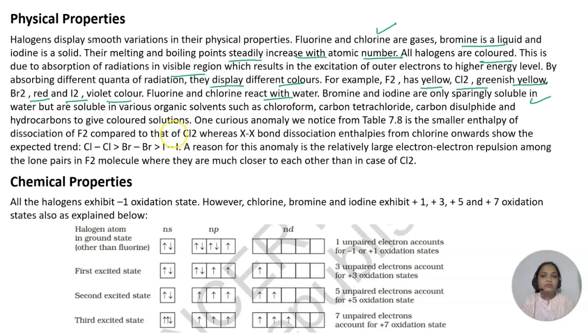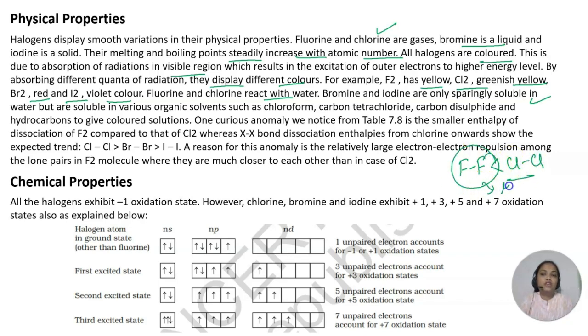Now, just like I told you that the electron gain enthalpy of chlorine would be the most negative. Now here you should know that if I am talking about the bond dissociation enthalpy of the X-X bonds, as the size increases, the bond dissociation enthalpy decreases. But again the bond dissociation enthalpy of fluorine would be less than that of chlorine.